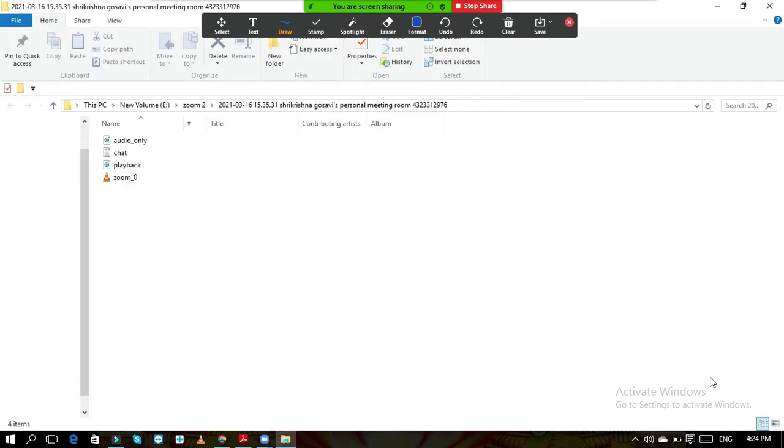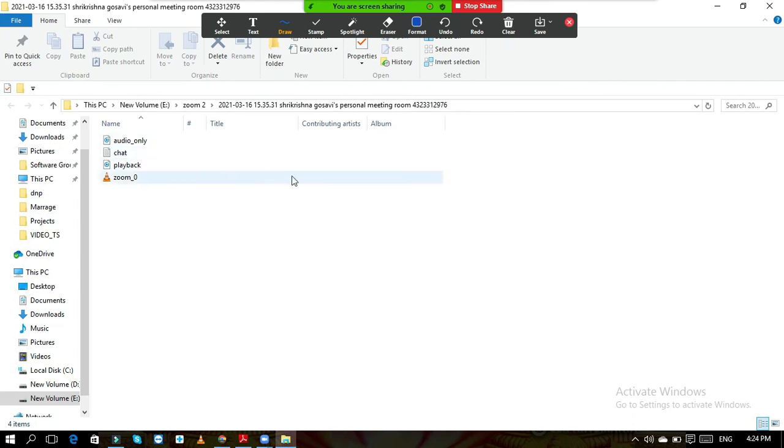Now the second step is depth of the footing. The footing always fails due to punching shear, that is two-way shear, and one-way shear.